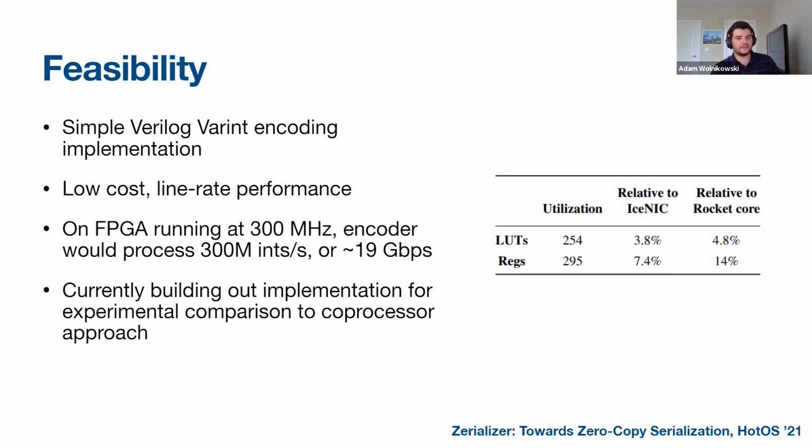We implemented it in Verilog. We were able to achieve relatively tiny LUT and register utilization figures, compared relative to an entire IceNIC or a Rocket Core, just for perspective. But really, with full implementation, it should be able to provide low cost and line rate performance.